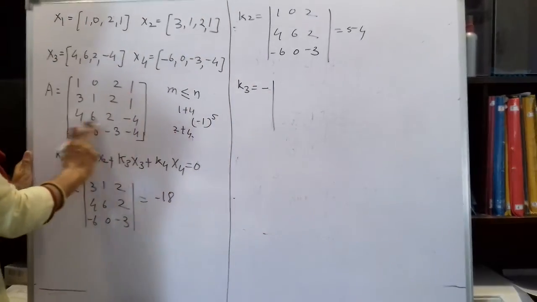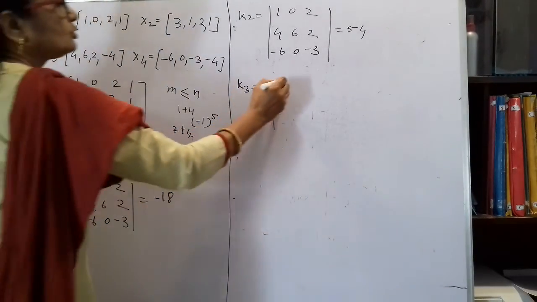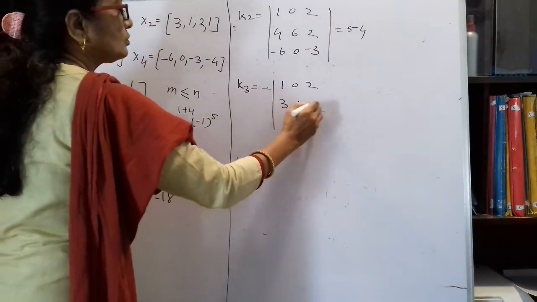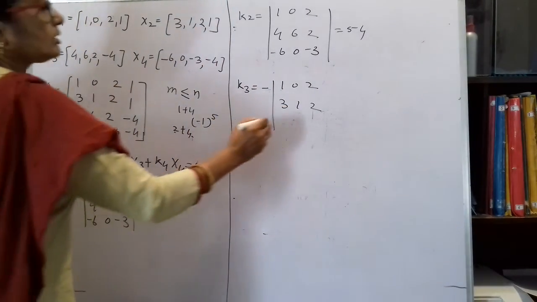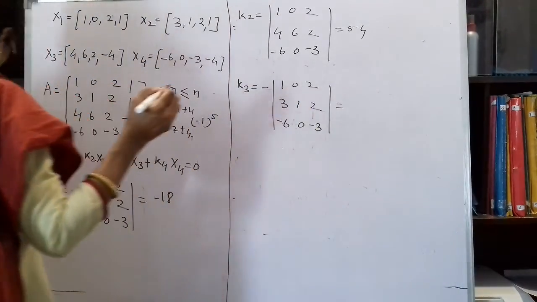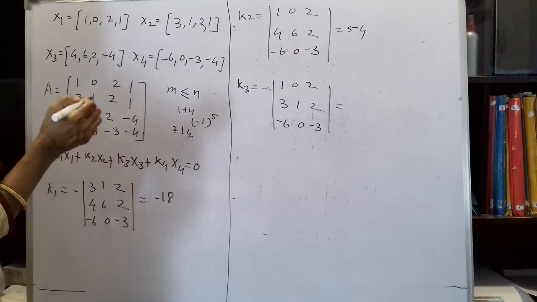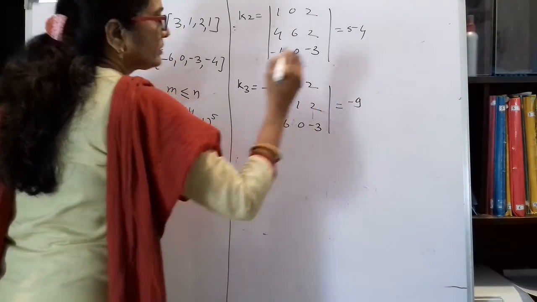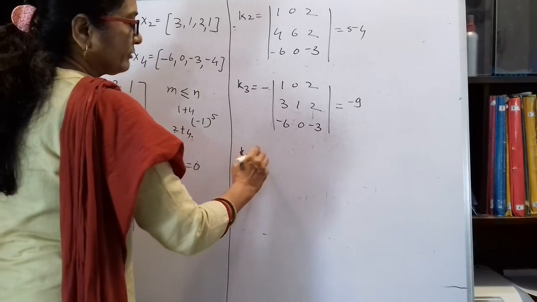K3 is again नेगेटिव. ठीक है, इसके लिए हमको एलिमेंट लेना है 1 0 2, 3 1 2, and -6 0 -3. इसको भी हम सॉल्व करेंगे and then we will get the value of K3 and it is -9. Then we have to find the value of K4.